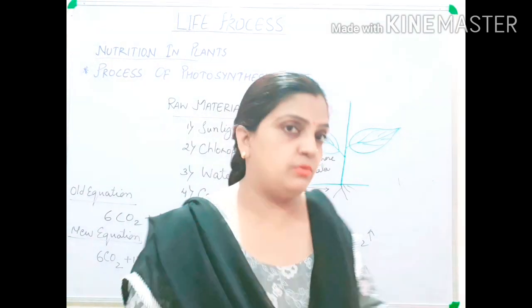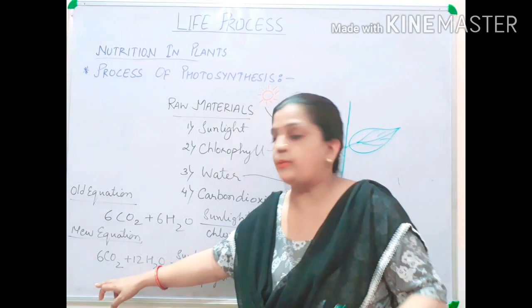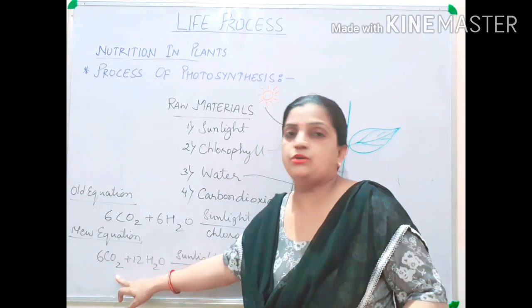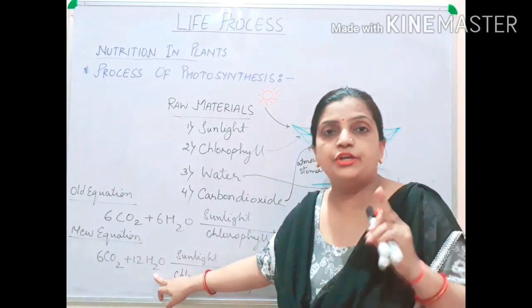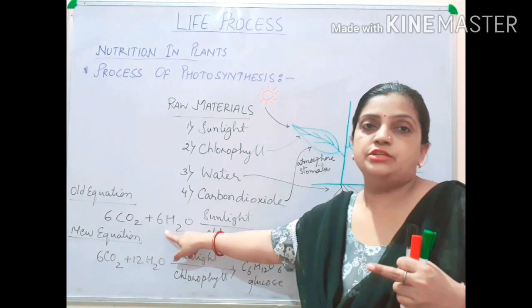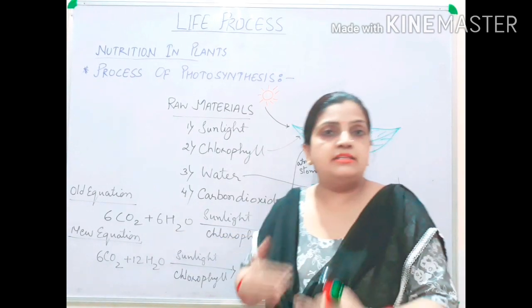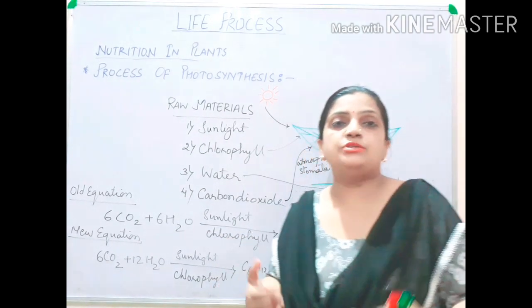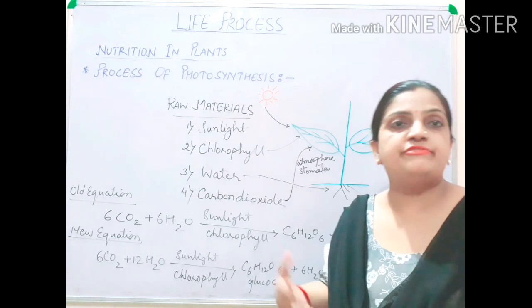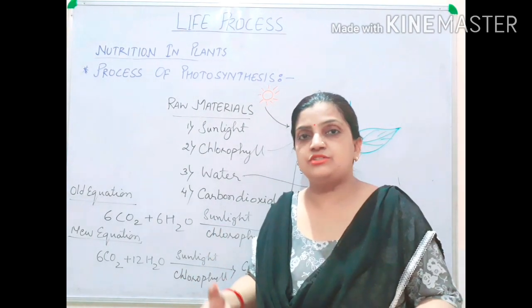But now it has been proved that according to the new equation, 6 carbon dioxide plus 12 molecules of water is utilized in the process. Here according to the old equation 6 molecules of water was utilized, but the equation has changed due to new research work. It has been found that 12 molecules of water are being utilized during the process.